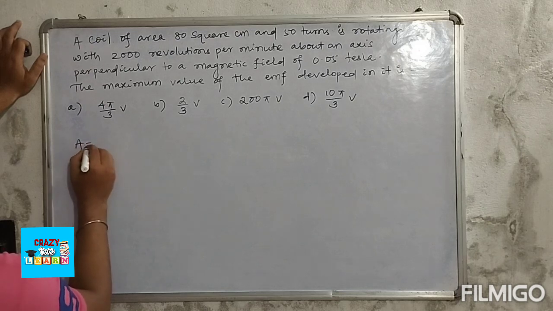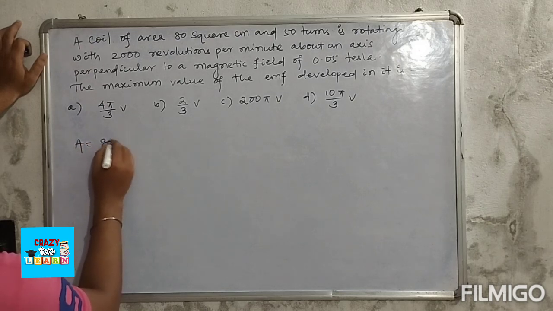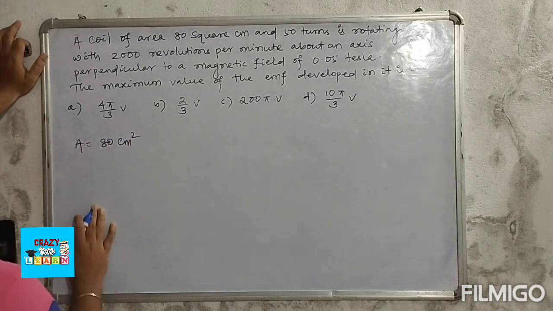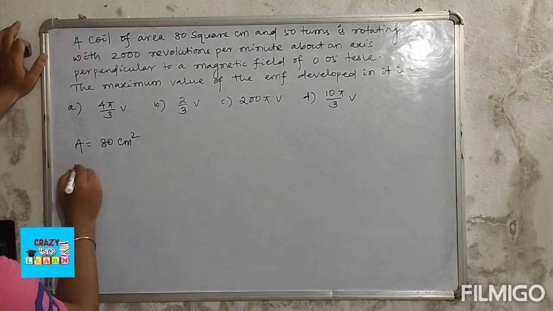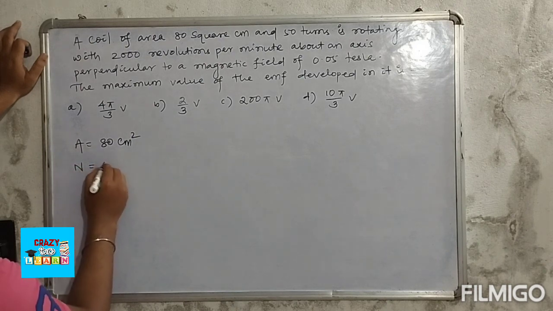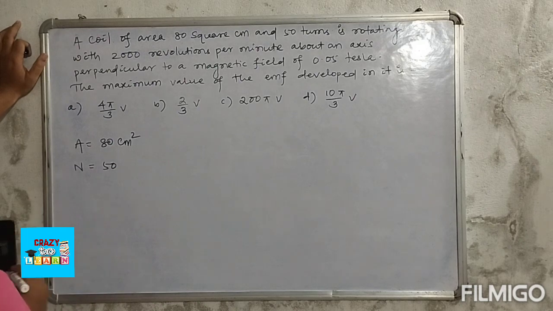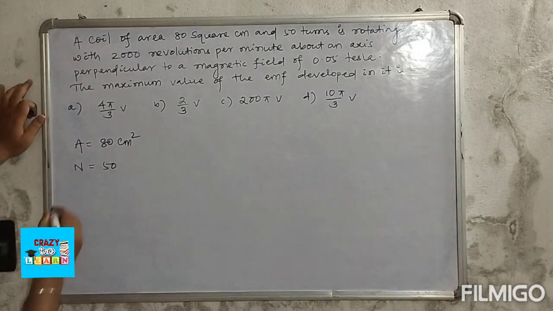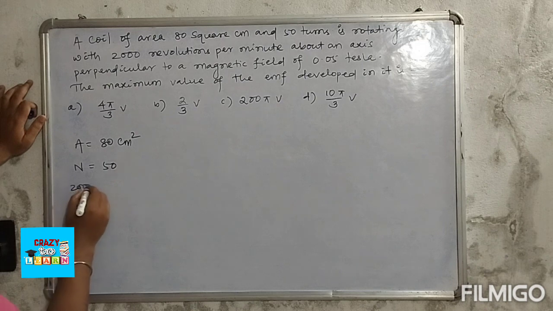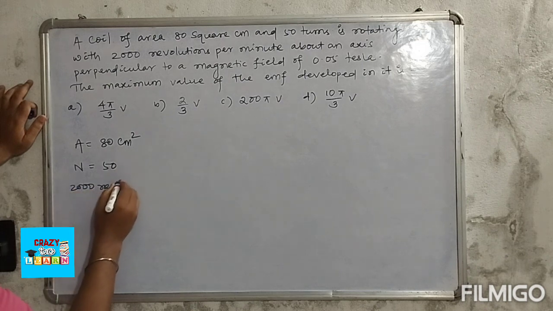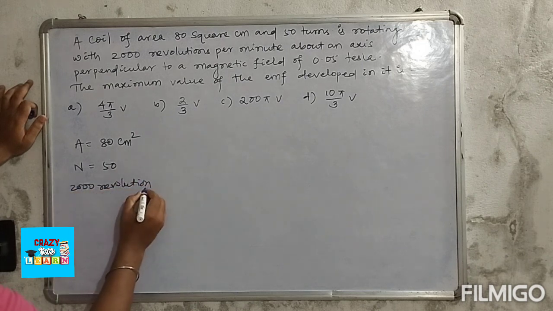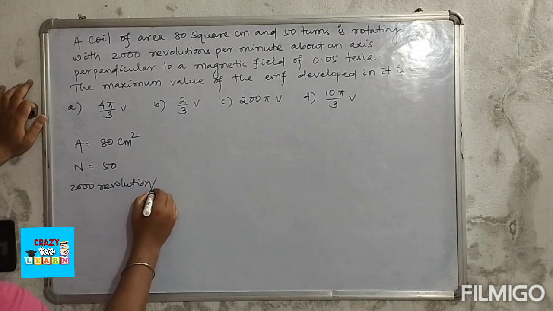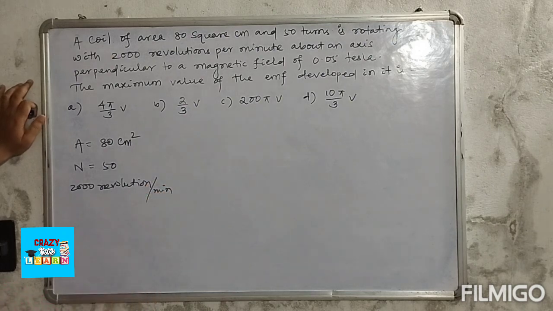Area A is equal to 80 cm square. Number of turns of the coil N is equal to 50, and it rotates at 2000 revolutions per minute.